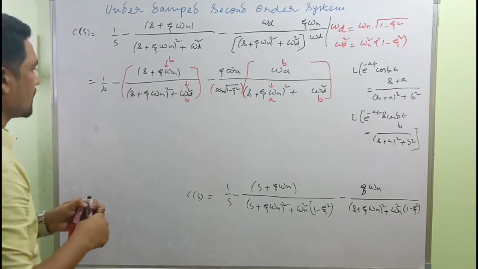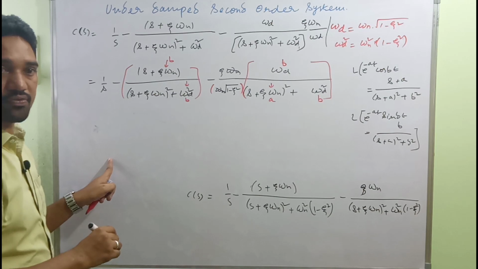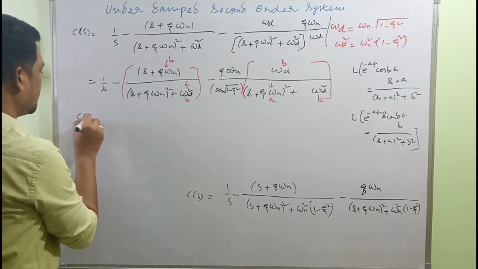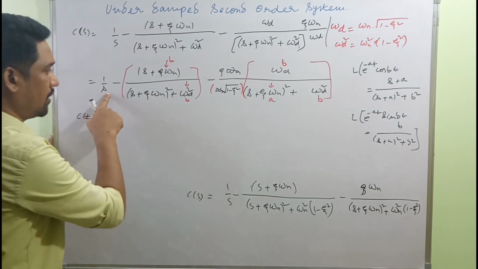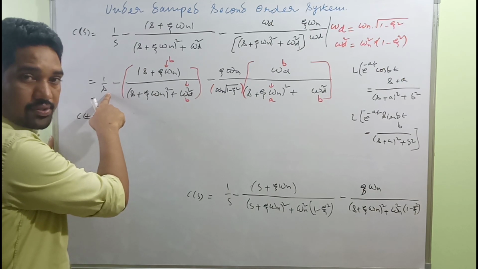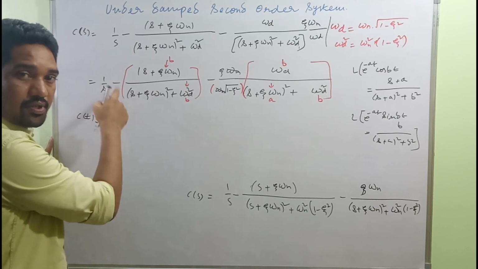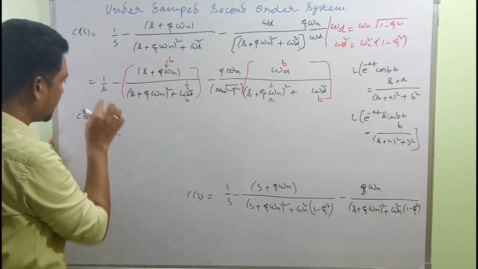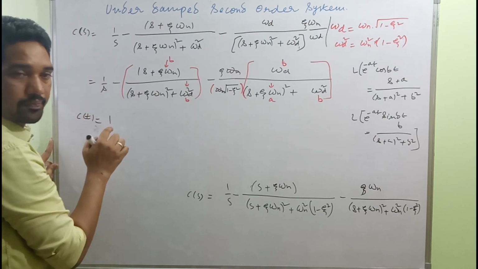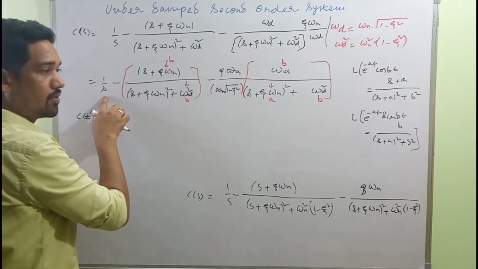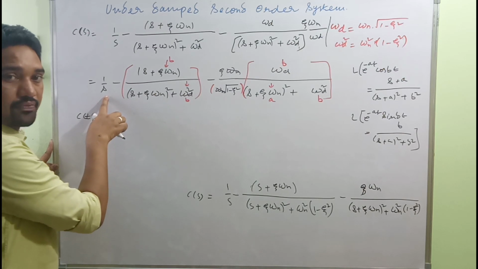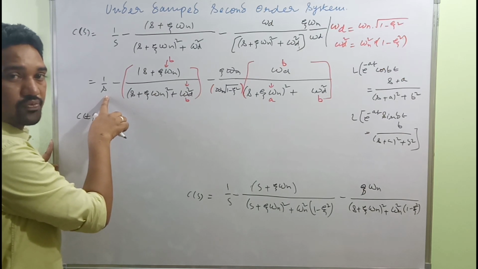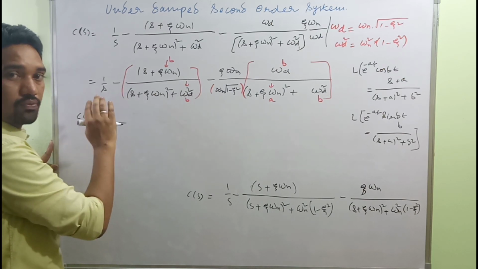That will give us the transformation. In the S domain, the inverse Laplace transform will be in t, c of t will be equal to, for 1 upon s, the inverse will be equal to 1, back to the step function 1. You can see the proof: the Laplace transform of unit step function is 1 upon s, so the inverse will go back to 1.